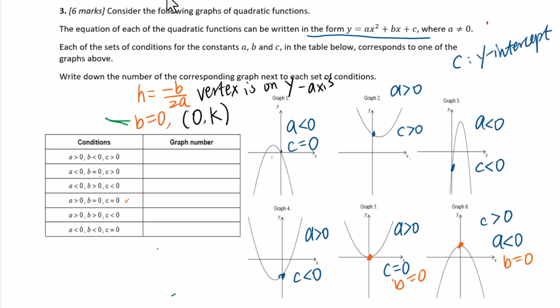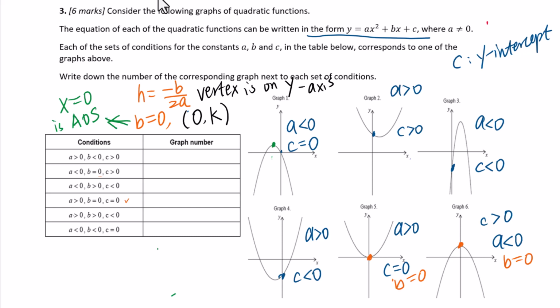This also means x equals 0 is the axis of symmetry. Next step, we need to check the vertex.